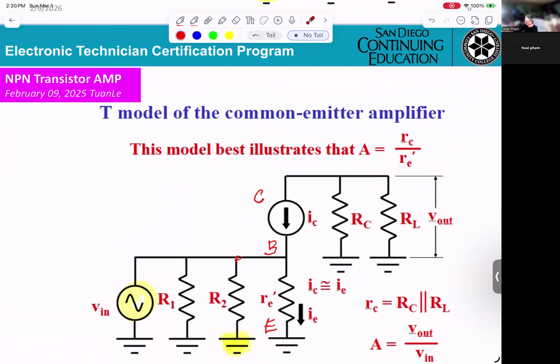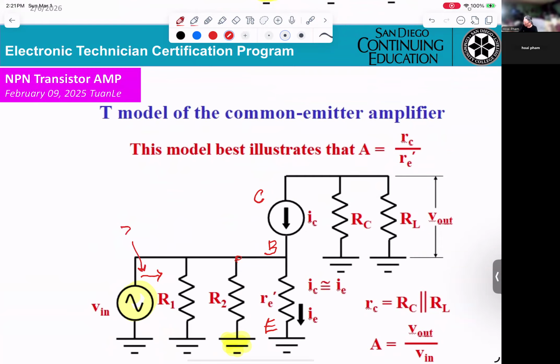Now, normally you have to deal with the impedance. What does that mean? That means if you're looking into the amplifier from here, you're looking into the amplifier.